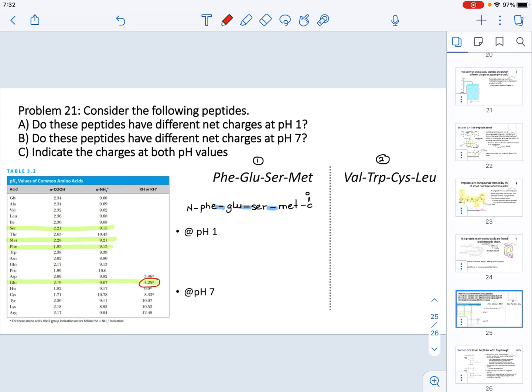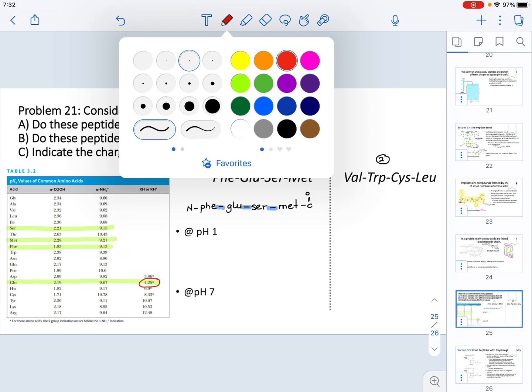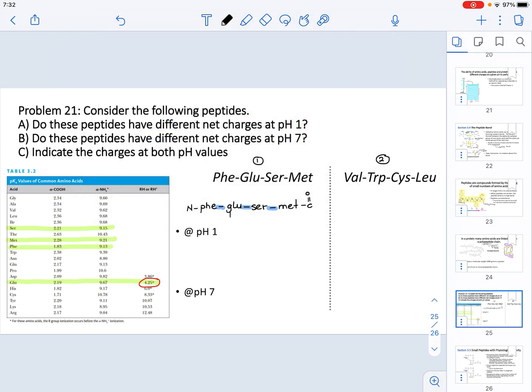So I know that my glutamic acid has a side chain that may be affected under pH conditions. Remember that in glutamic acid, the side chain is CH2, CH2, C double bond O. And then I'm going to determine what's going to happen with that side chain.